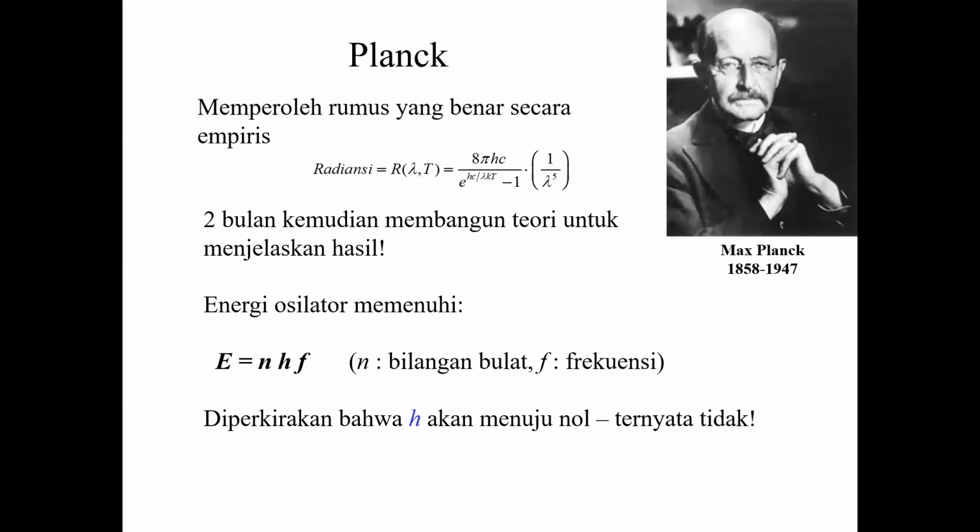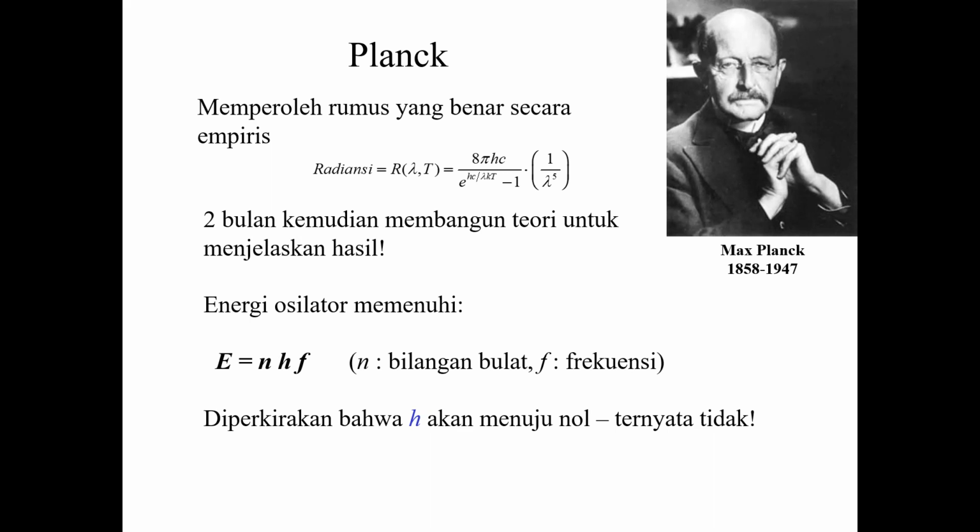So in classical physics, the energy of an oscillator is proportional to the square of the amplitude and the angular frequency squared, omega. But Planck proposed that the energy of the oscillator is only proportional to frequency.